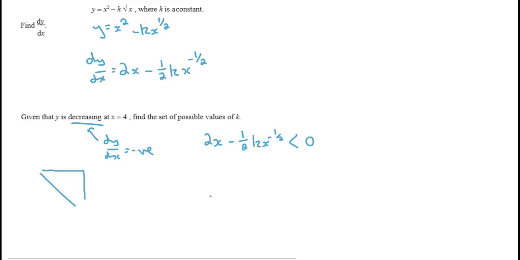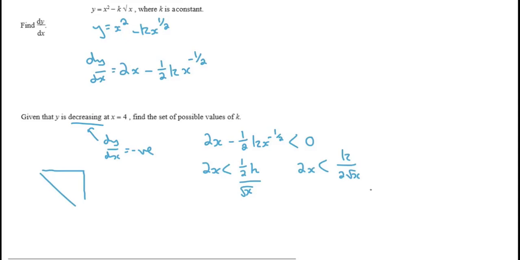From this stage, we're just going to be looking at some rearranging. Because the letter we're trying to make the subject, the one we're trying to solve for, is currently a negative, we'll add it over. So 2x is less than a half k over the square root of x, or rather 2x is less than k over 2 root x, because if you have a fraction in the numerator, you can bring the denominator down to join the real denominator.